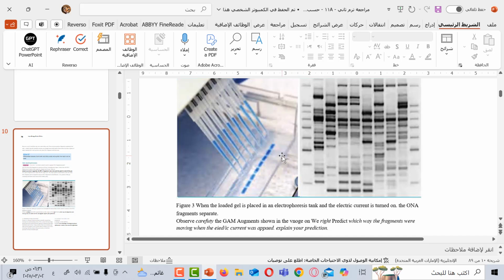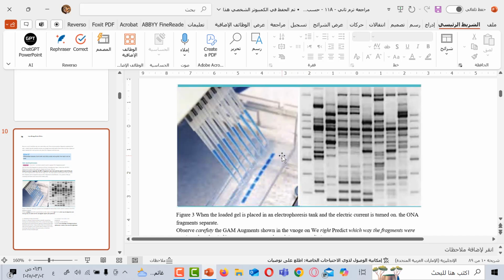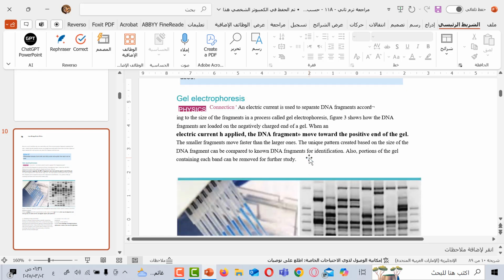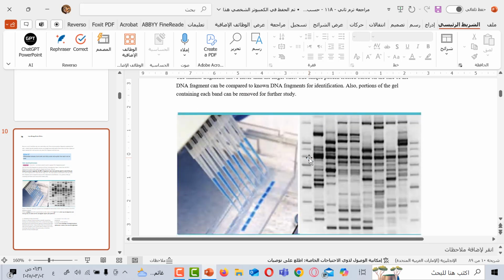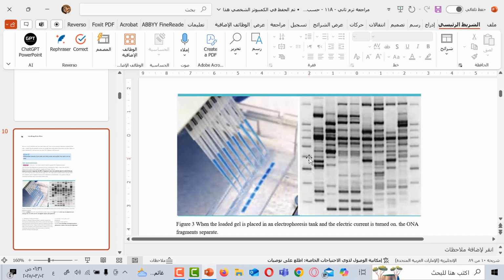Let's study gel electrophoresis. And for gel electrophoresis, you must know, number 1, where you put the sample. This is the first. Okay, it's the technique for separating the fragments of DNA which were cut by the restriction enzyme. And what is the basis for this technique?